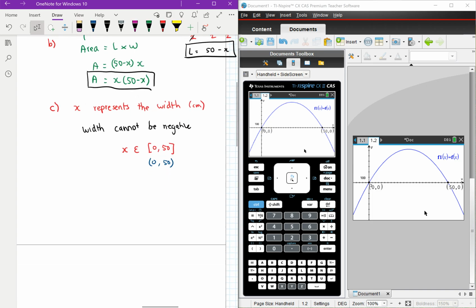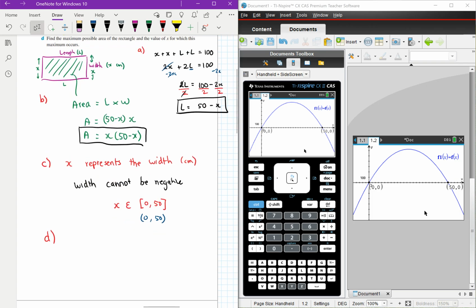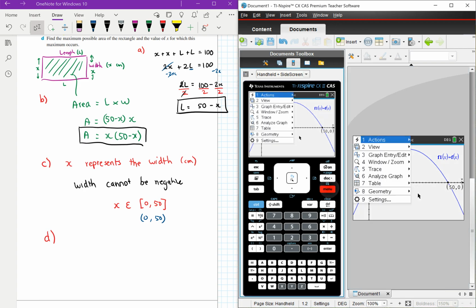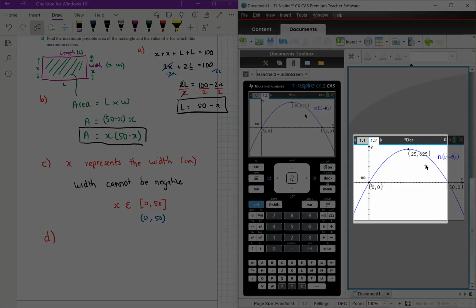Okay, and then part D, they ask you to find the maximum possible area of the rectangle and the value of x for which this maximum occurs. So really, on your graph, we can now go menu, analyze graph, and we can say, let's find the maximum. So I'm moving across, I'm selecting 1 point, and then I go to the right of where I think the maximum is, and you can see I now have the maximum, or turning point.